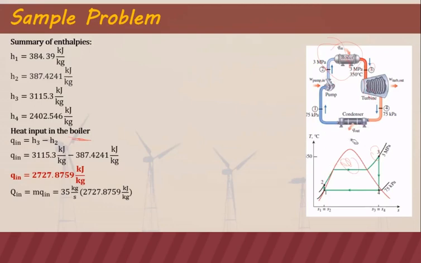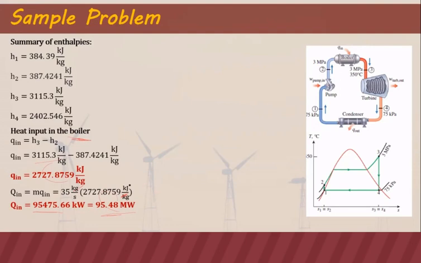It's not as simple as this one. By multiplying by 35 kilograms per second, we cancel out kilogram. The result is kilojoules per second, and that is kilowatt. So our power input is 95,000 plus kilowatt, or 95.5 megawatt. This is our answer for the heat input in the boiler in kilojoules per kilogram and in megawatt.